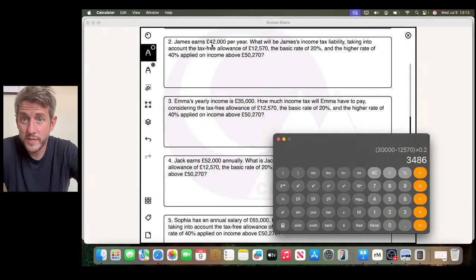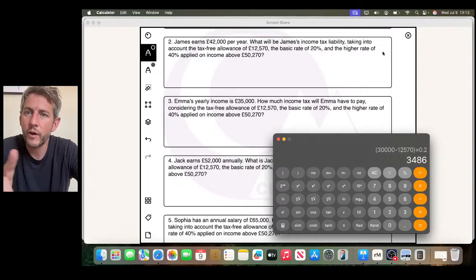Okay, right. Question 2, we've got James. James earns £42,000 per year. What will be James's tax liability, taking into account the tax-free allowance of £12,570, the basic rate of 20%, and the higher rate of 40% applied on income above £50,270?